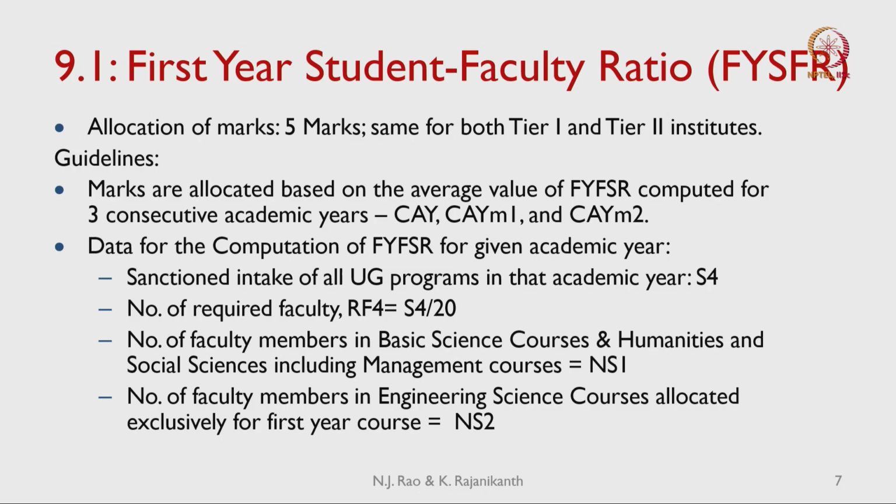The first subcriterion 9.1, first year student faculty ratio, FYSFR. There are 5 marks for both Tier 1 and Tier 2 institutes.